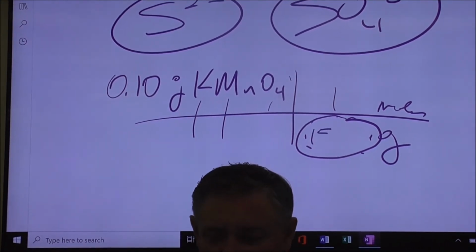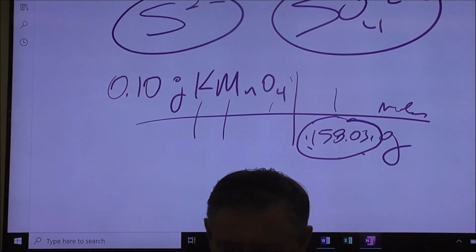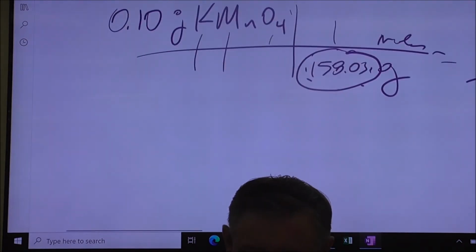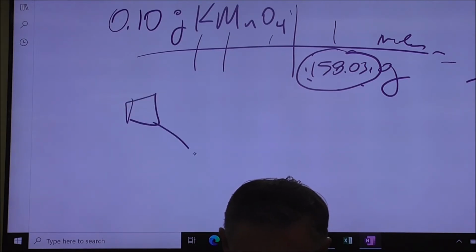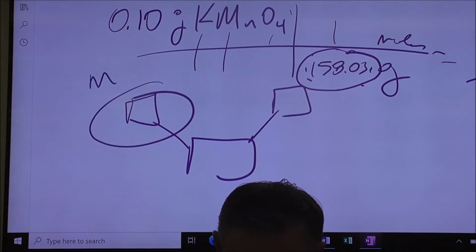Obviously you're not going to have very many moles of this stuff, right? This is going to be a very small number. If you remember back to the mole map, you started up here in mass and went down here to moles. Now we need to go across to particles.